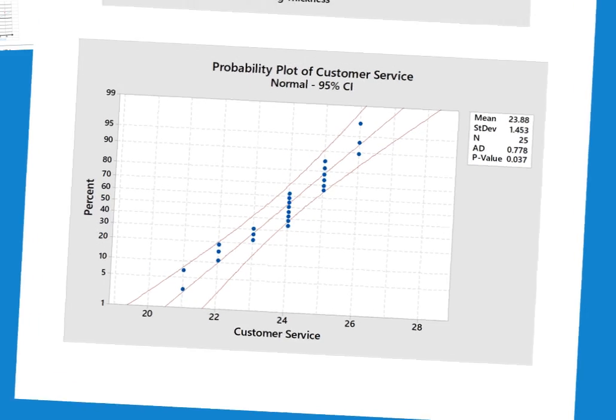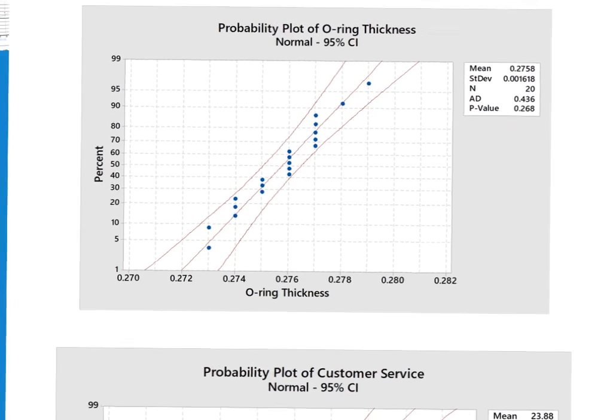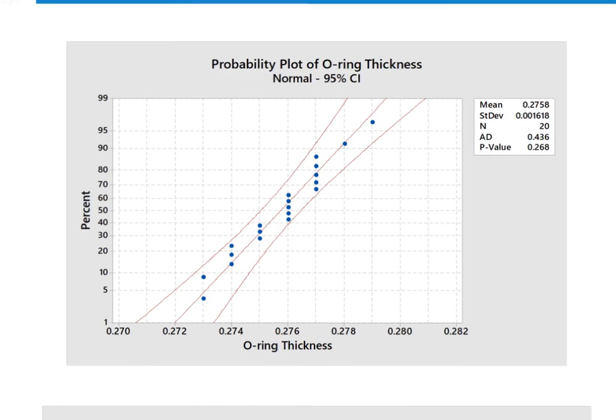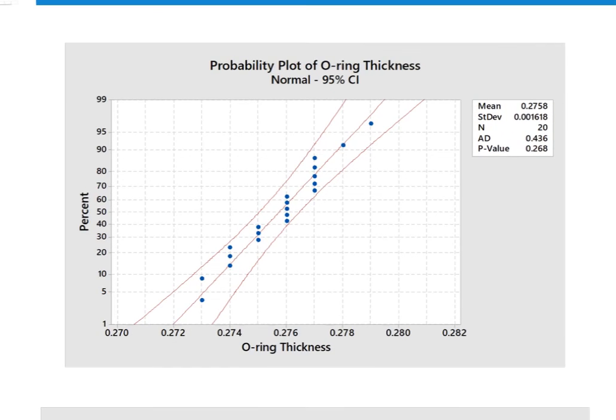Let's look at the probability plot of the other data set that we had a histogram for. This is the probability plot of O-ring thickness. And if you look along those boundary lines that Minitab so nicely puts up there for you, you'll see none of the dots are outside of the bounds.